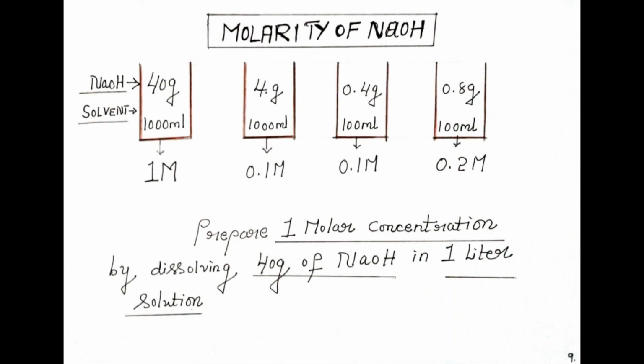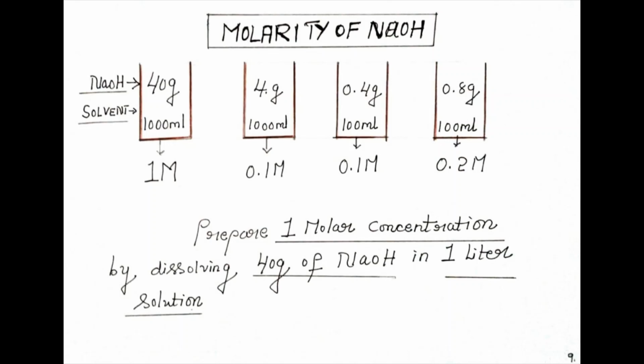Now observe the molarity chart. So 1 molar concentration you can get by dissolving 40 gram of NaOH in 1 liter solution. So you can dissolve 40 grams of NaOH in 1 liter of solution to prepare 1 molar concentration.